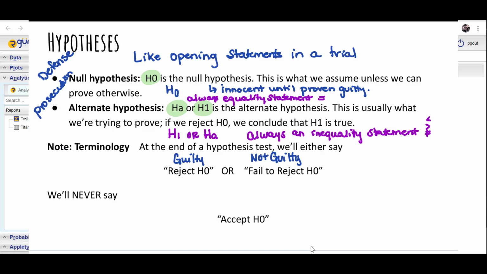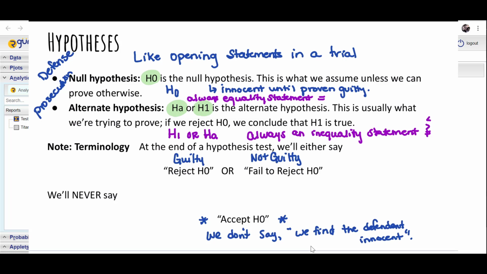So then, this is important. We never say that we accept the null. Again, that goes back to we don't say we find the defendant innocent. We never say that.